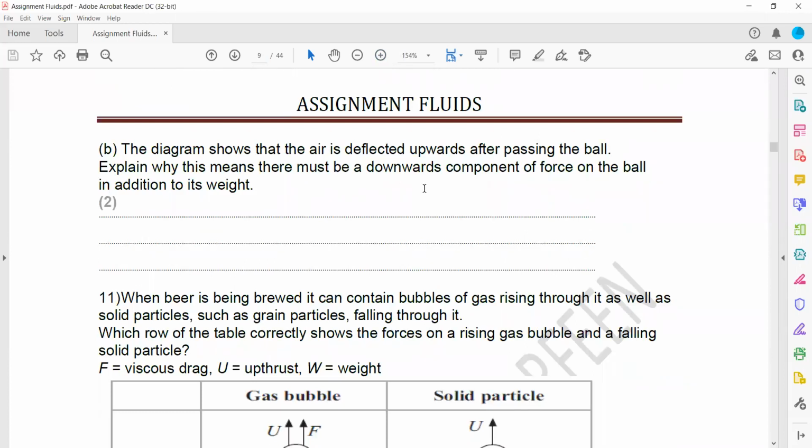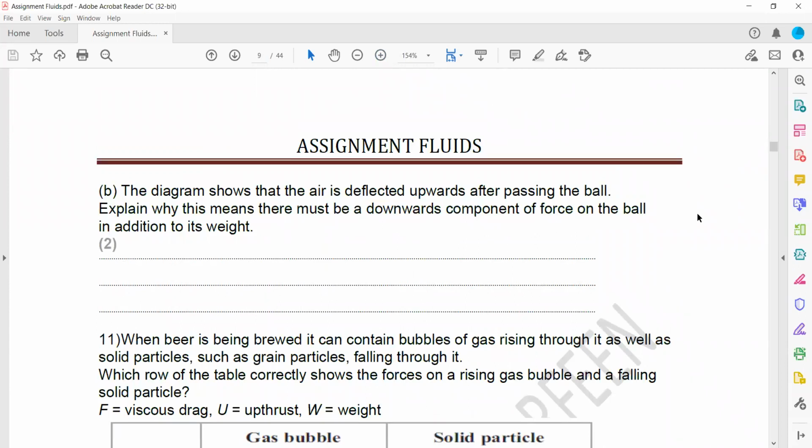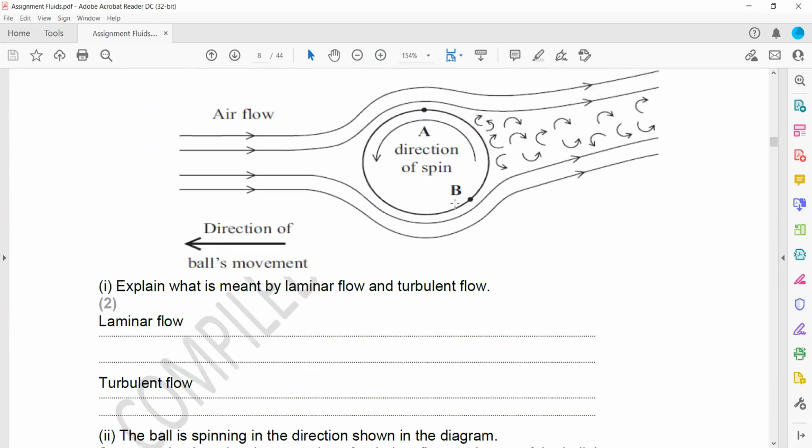The diagram shows the air is deflected upward after passing. Explain why this means there will be a downward component of the force in addition to weight. As we just discussed, the direction in which the surface of the ball is moving at the top face is opposite to the direction of the fluid, so there's more air resistance.